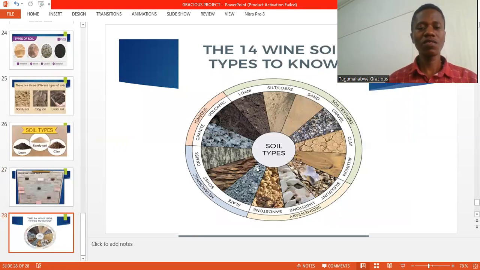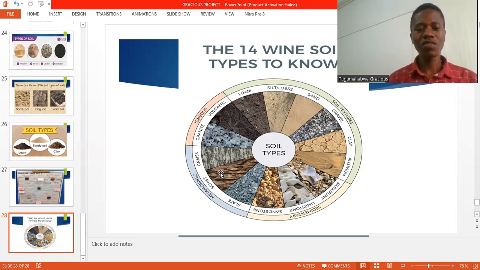Moving on to the last aid, this is a pie chart, and this pie chart I can bring it when I'm concluding, showing different types of soil and where they come from. This is igneous rock. It is showing how the soil can be formed from igneous rock.